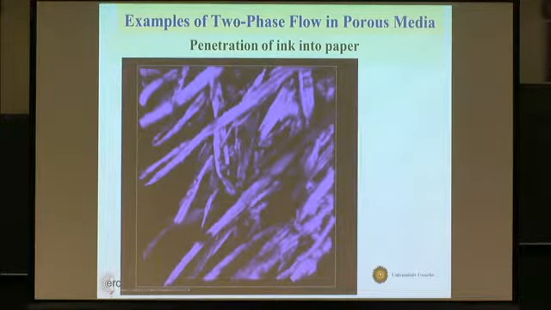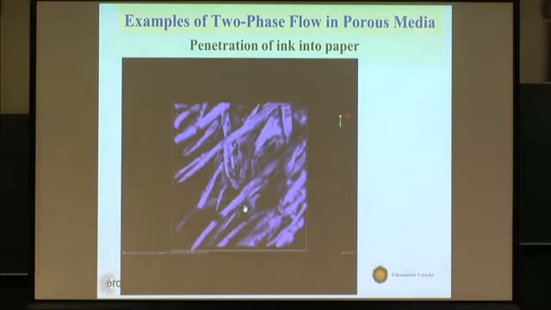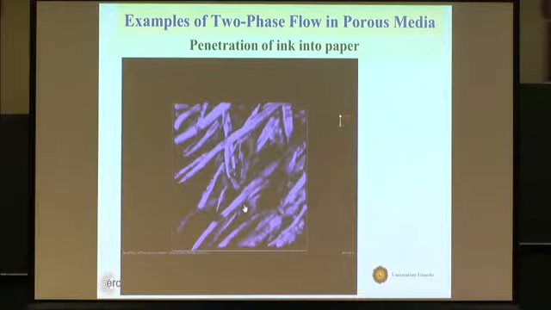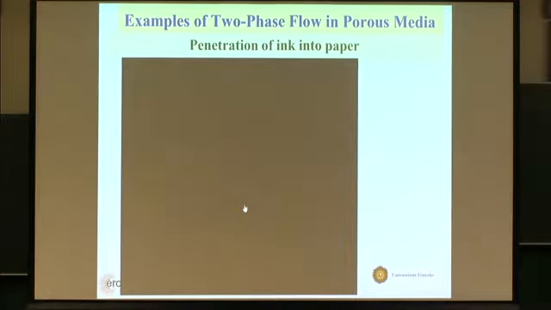When you put ink in an inkjet printer, the ink arrives on the paper surface and starts to penetrate in. These are images from a confocal laser microscope, where under a microscope we can see ink going into the fibers of the paper, and we are trying to understand that, and actually more or less the same mechanisms as in other two-phase flow problems.